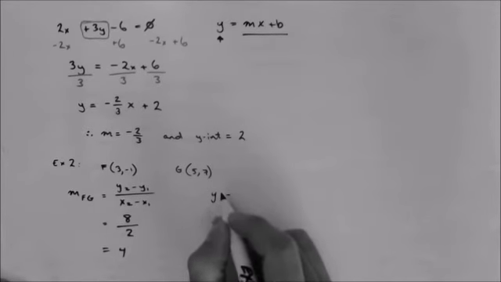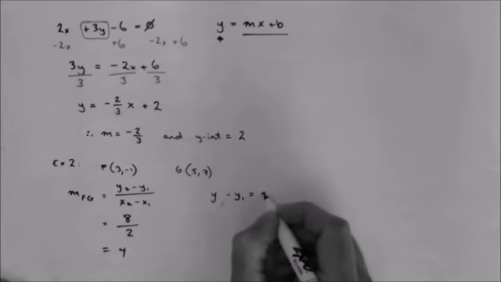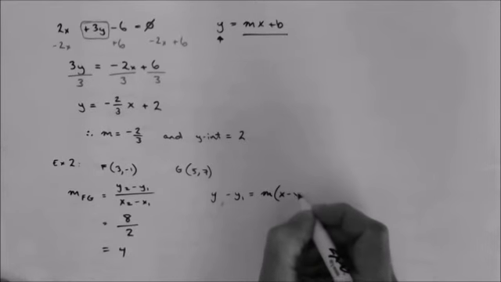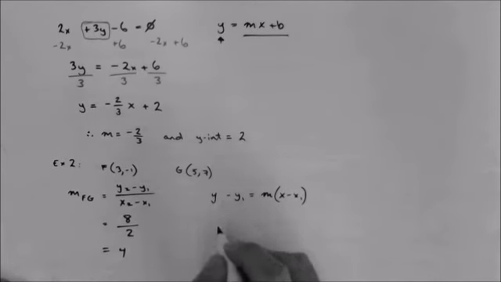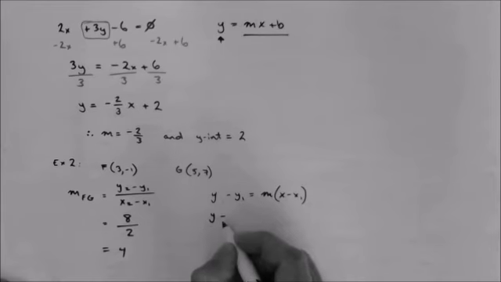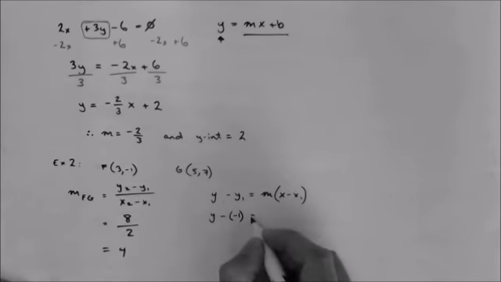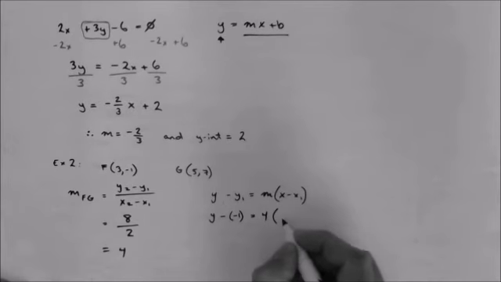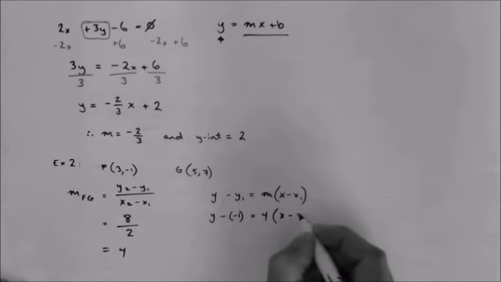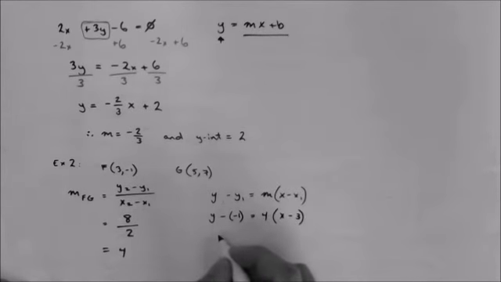That's y minus y1 equals m times (x minus x1). Sub in what we know using point F. That's y minus -1 equals our slope, which is 4, times (x minus 3). The left side becomes y plus 1.